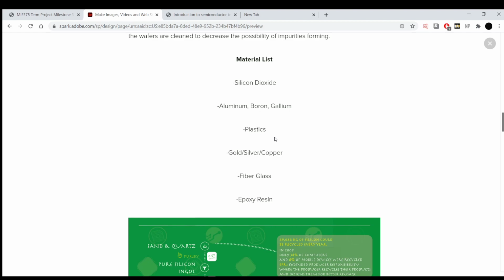Fiberglass in this case isn't very important, I'd say, but some of the sources that I've looked up show it as a material that is used on conductors, so I added it anyways. Epoxy resin.